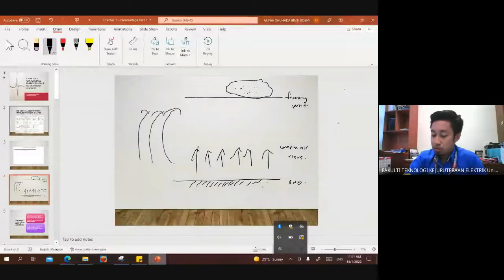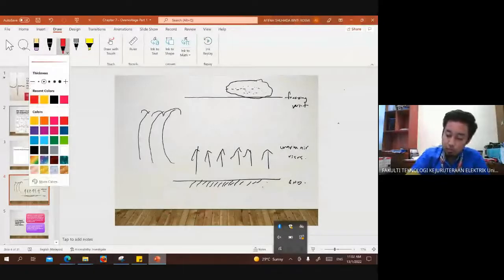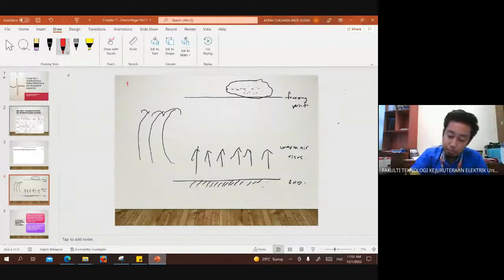So in the cloud, they have two positions of the charge. When the ice bumps each other, it will produce the charge, and the charge will be a positive charge and a negative charge.